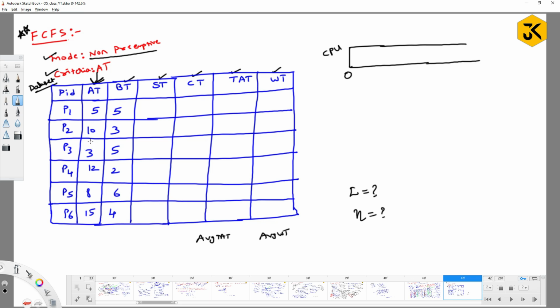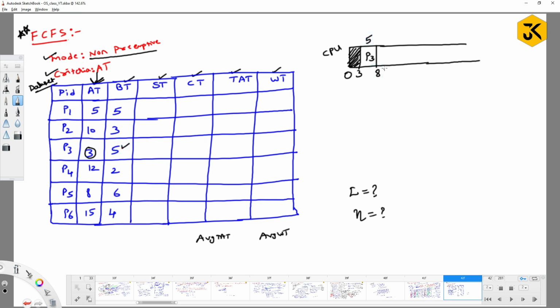The process that arrived earliest is at 3 nanoseconds, so the CPU is idle for how many nanoseconds? 3 nanoseconds. After 3 nanoseconds, P3 will be allocated and will complete execution for 5 units.